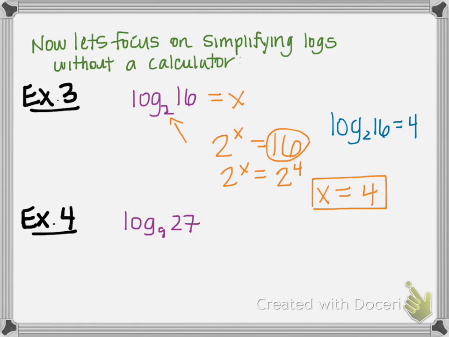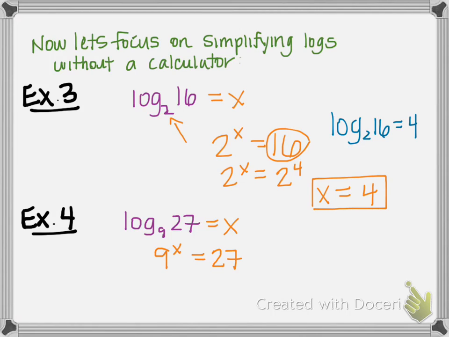Okay, the next example, example 4, has one that might not be as obvious. So it really is the kind that's nice to switch into exponential. So if we set it equal to x and then switch to exponential, I'm going to have 9, which is my base, to the x power equals 27. And once again, this is an exponential equation. It is one where we can get like bases.